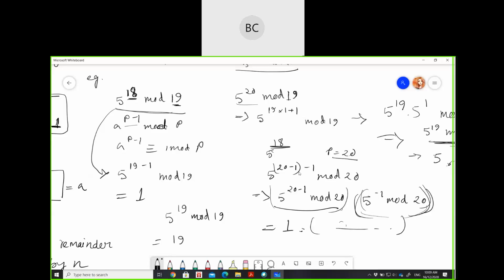Ma'am, show the slide for congruent properties. Okay, wait. There is no slide actually.